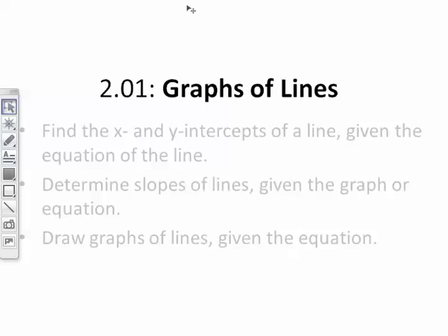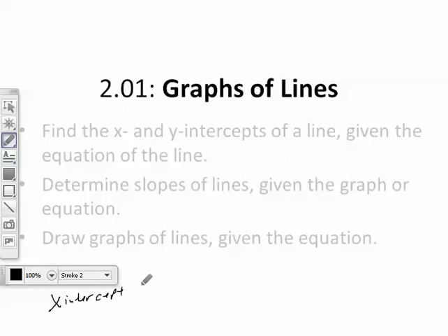So let's look at the first one: finding the x and y intercepts of a line given the equation of a line. If I'm given an equation, and it doesn't matter which one of the different forms of the equation of a line I'm given, all I've got to do is know that the x-intercept is when y equals 0.